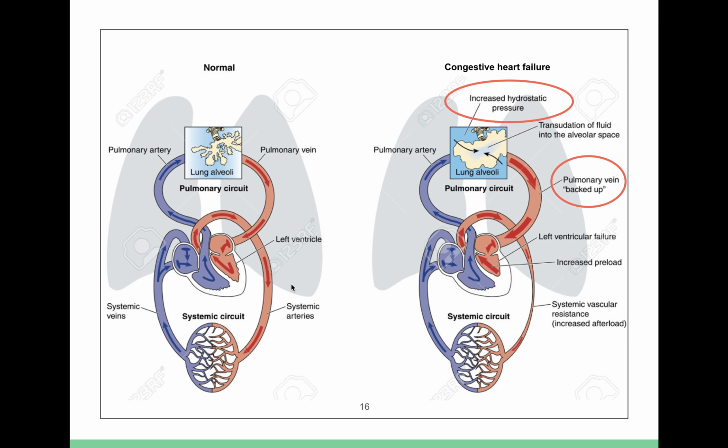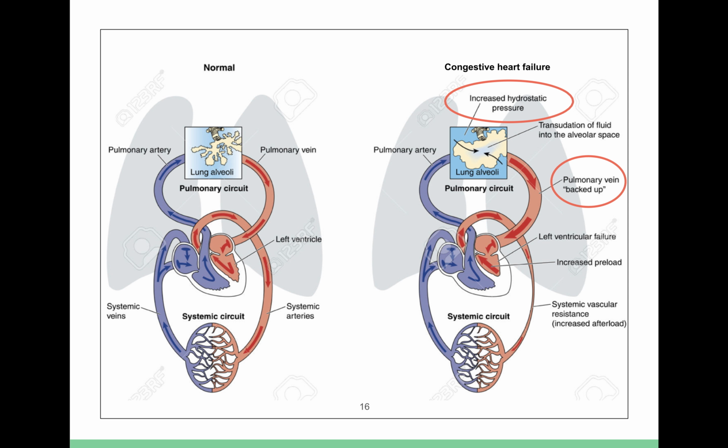But if the left ventricle begins to fail, what happens is now, instead of the left ventricle being able to pump as much blood out into the arteries, now some of that blood is going to get backed up. As a result, the pressure in the capillaries that feed the lungs increases. There's an increased hydrostatic pressure.